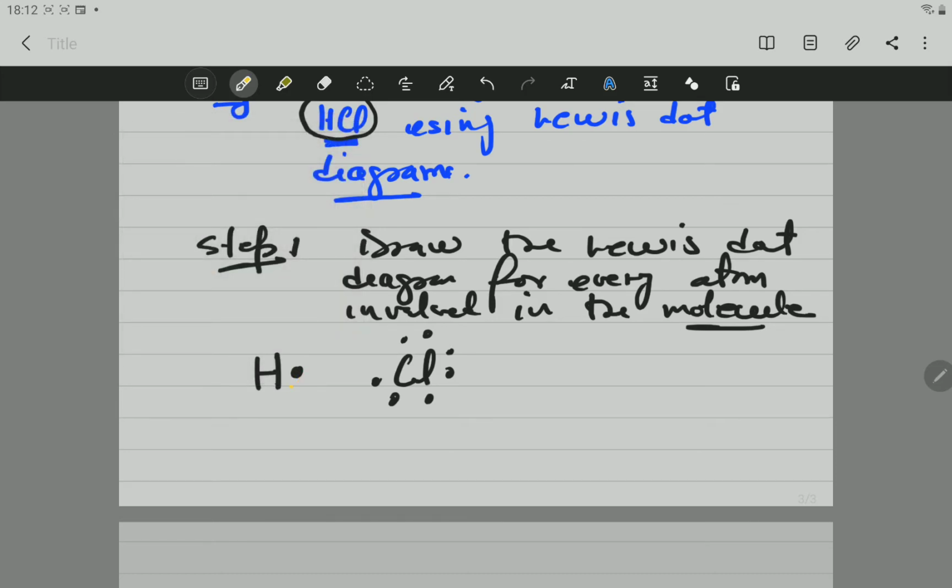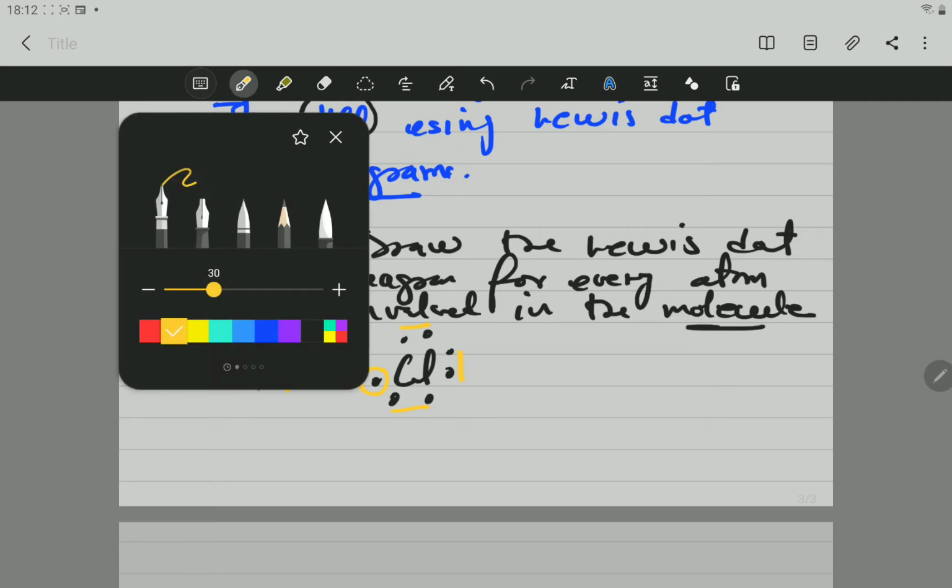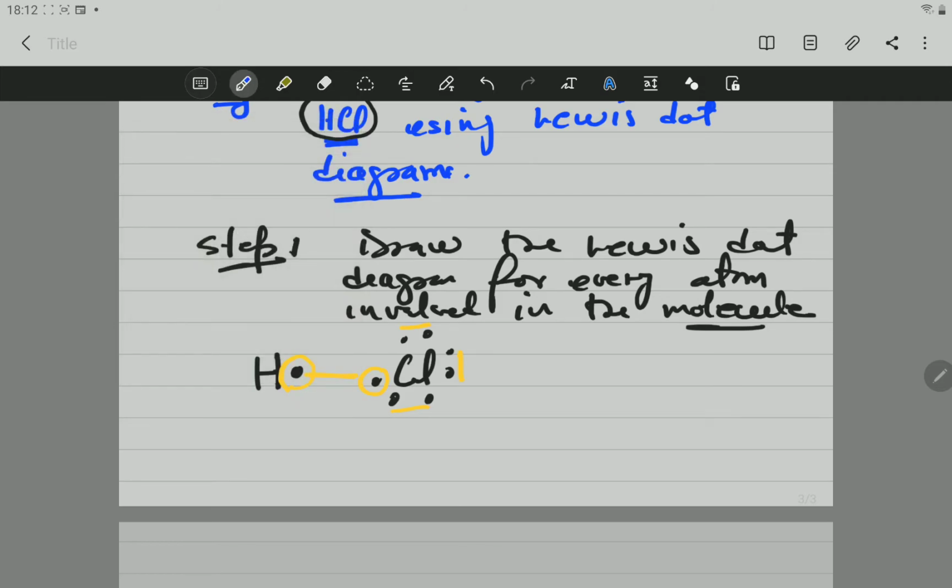Hydrogen has only 1 electron, and it can share that electron. Chlorine has 7, but it has lone pairs and only has 1 electron that it can share. So they are going to share that electron in a molecule. So the Lewis dot diagram for hydrogen chloride will be hydrogen.